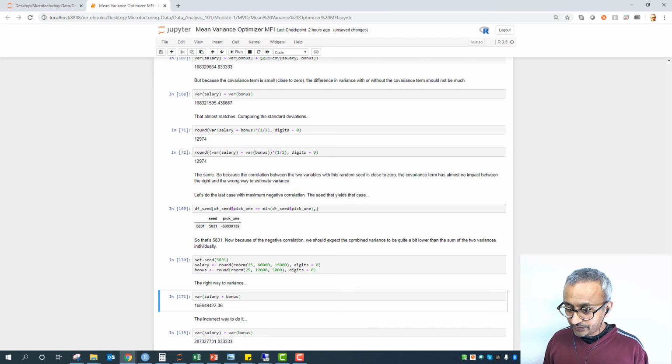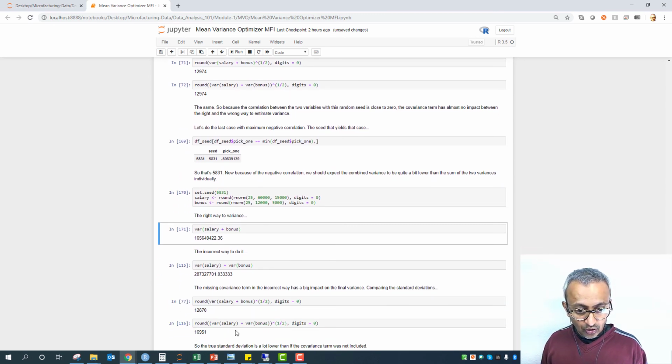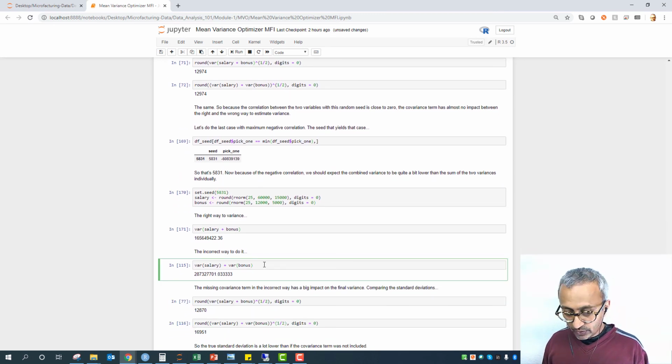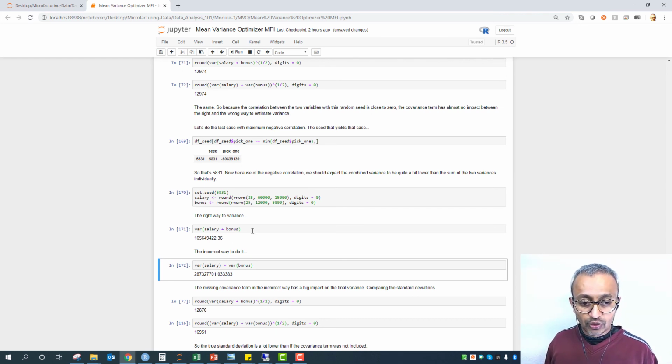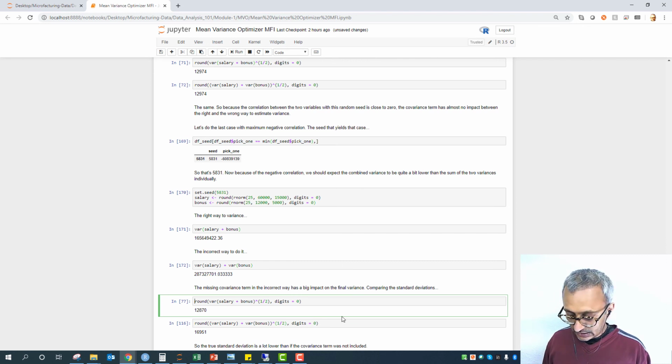Okay, 16. And the wrong way is this, because we are missing the covariance term, so it is inflating the actual effective variance, which is actually lower because you have to subtract the covariance term, 2 times the covariance term.